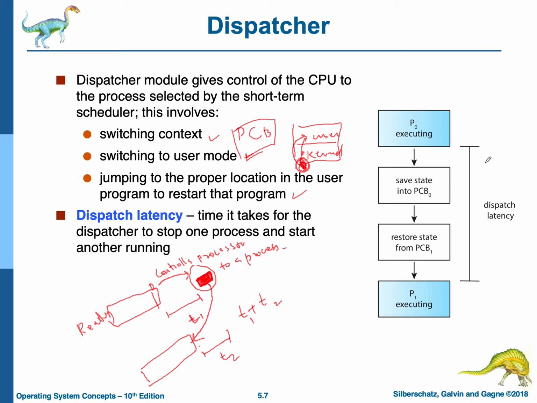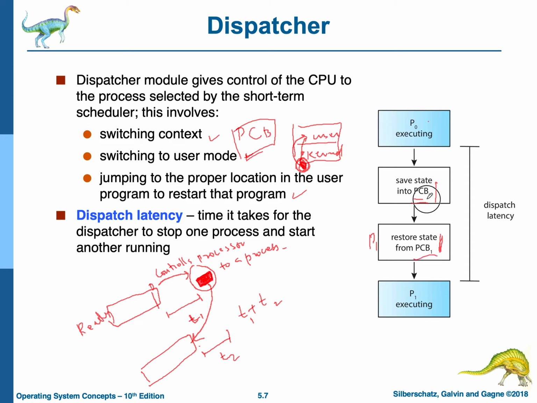So for example, this is also done with the help of the PCB, that you are resuming the job. If we see how dispatch latency works, there is process 0 which is already executing in the running phase, and after some input output or some other priority, or for any reason, it has to stop, then it will save its state in the process control block. Once the save is complete, it restores the state of process 1 from PCB1.